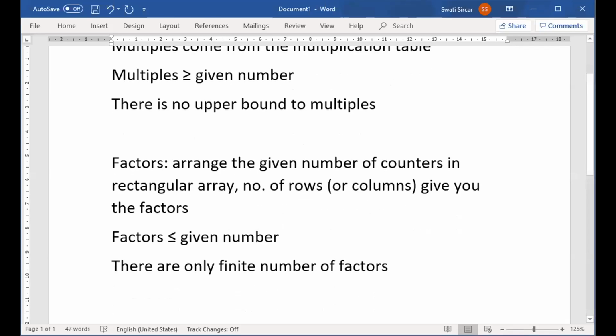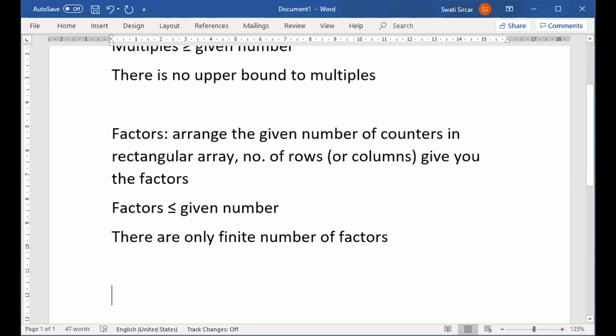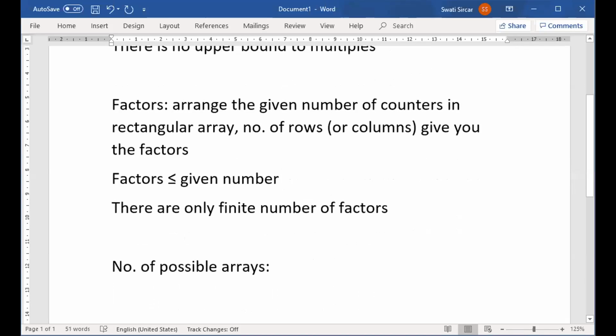Now when you make these arrays, consider the number of possible arrays. For 1 you get only 1, right? For 2, how many possible arrays are there? 1 into 2 and 2 into 1, so 2.